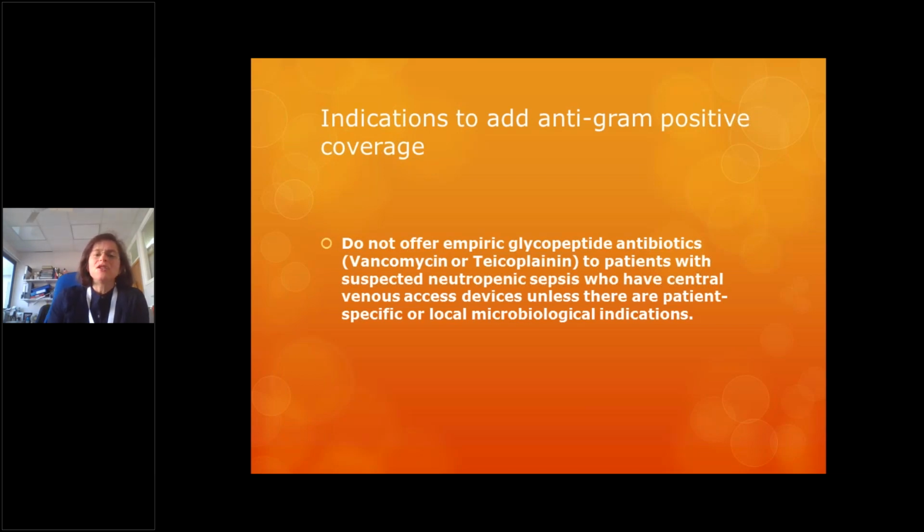So the indications to use gram positive coverage are either an isolate from the blood culture, or a focus, so a skin focus, or a patient who has an endoprosthesis. So the patients who are treated for osteosarcoma and have an endoprosthesis need an earlier establishment of gram positive treatment.